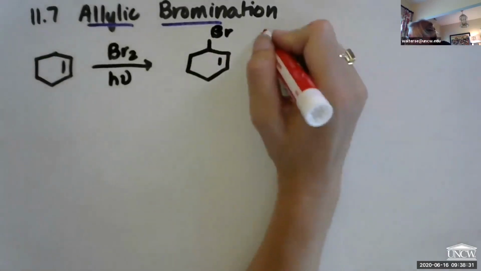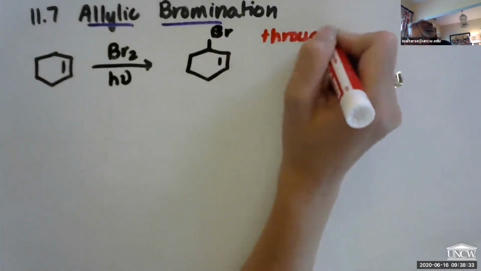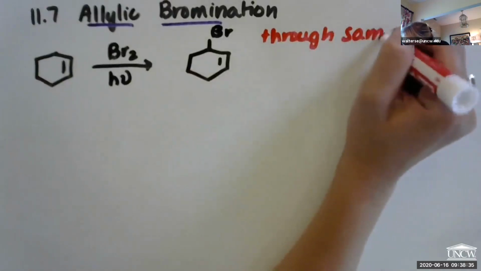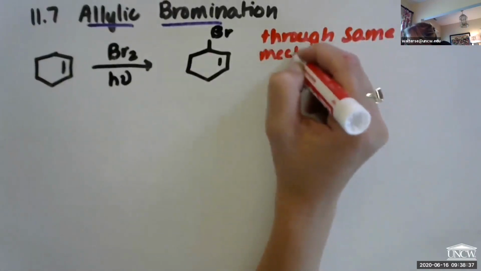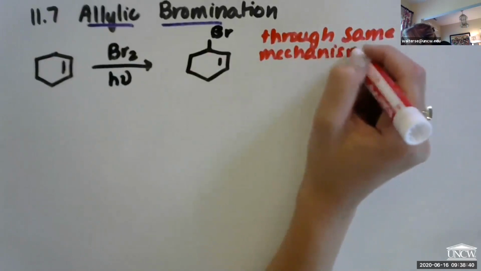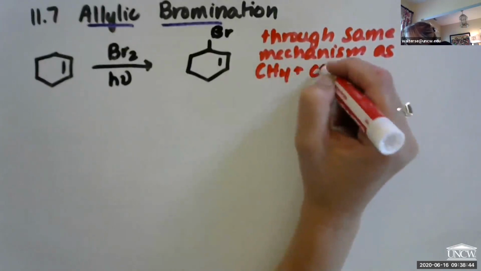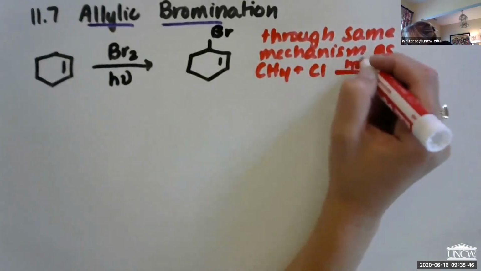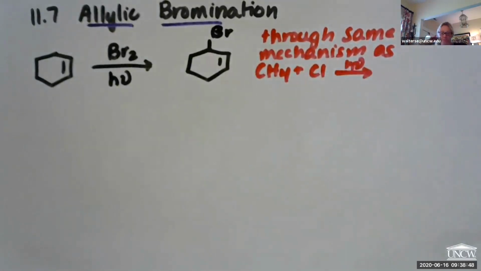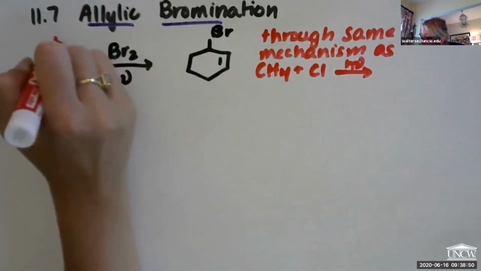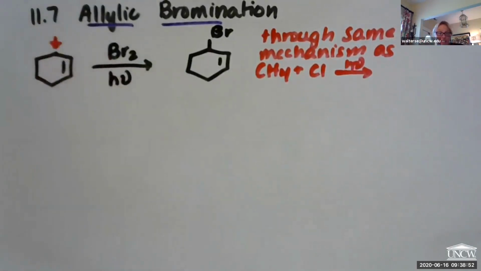And this would be through the same mechanism as you saw for the methane plus the chlorine in the presence of light. It's still going to go to this bromine or this allylic position because that's the easiest bond to break.